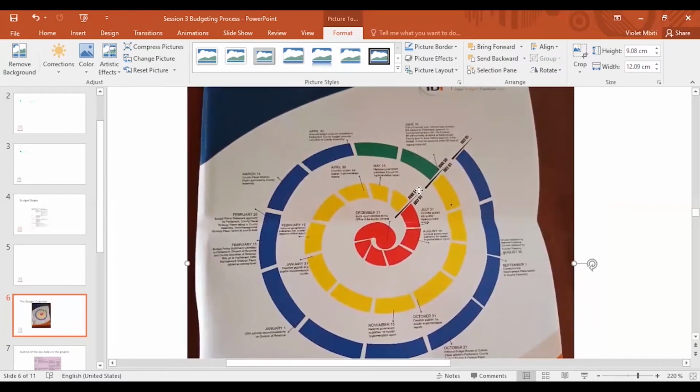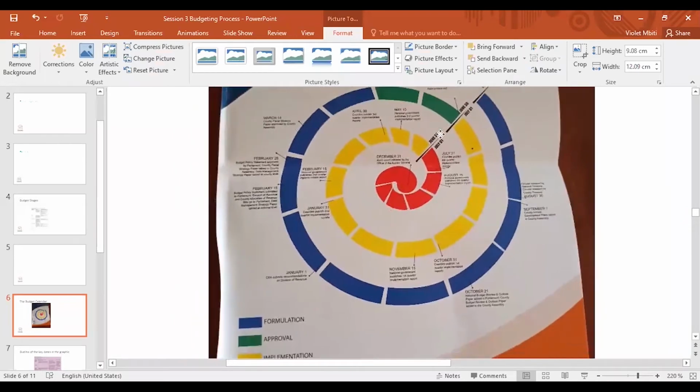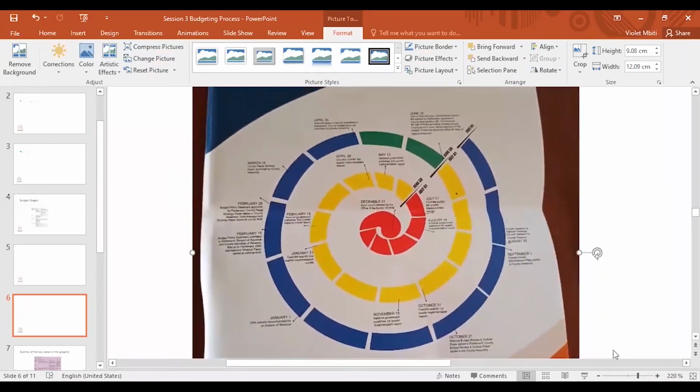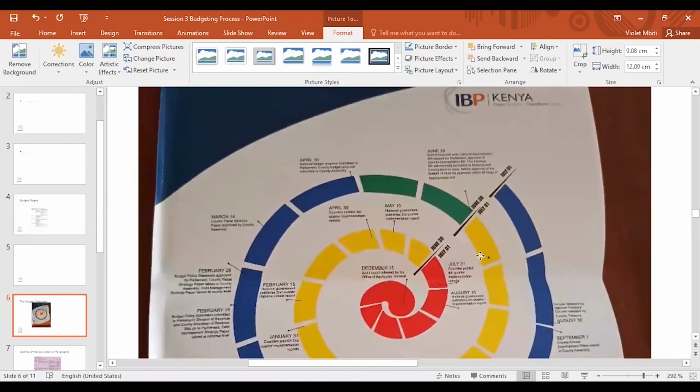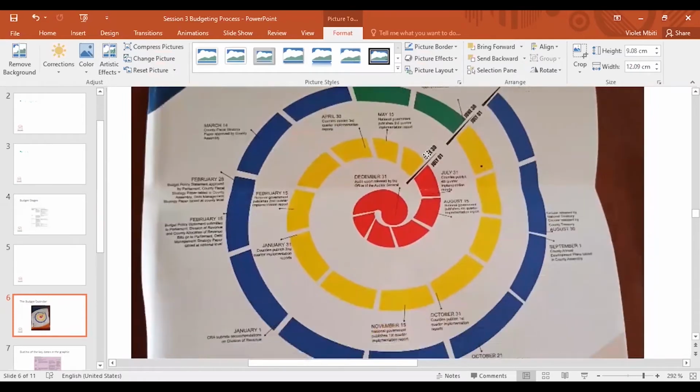So you can see here that we are talking about the formulation now. Okay? So if I can zoom for you, this is when the financial year starts. Okay?